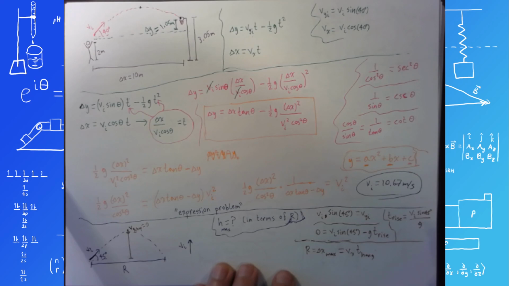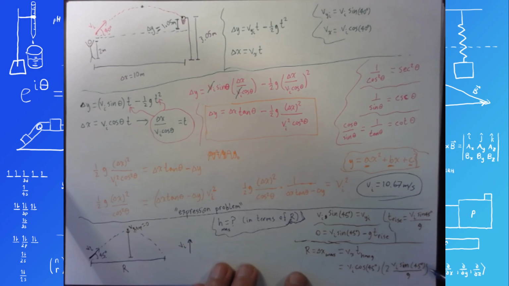And Vx we know is just V initial cosine 45, so that's V initial cosine 45 times the hang time, which is 2 t rise, equal to 2 times V initial sine 45 over g.